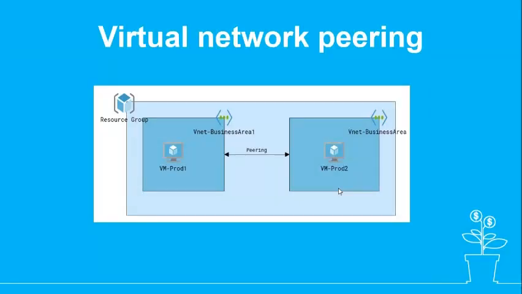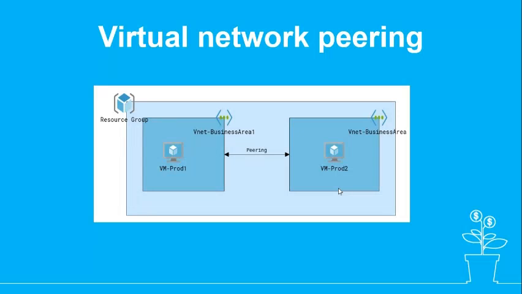Okay, so this is the diagram which shows how VNet peering happens in Azure. Basically we have one resource group and two virtual networks, one is VNet business area 1 and another one is VNet business area 2, and we have one virtual machine in one VNet and another virtual machine in the other VNet.